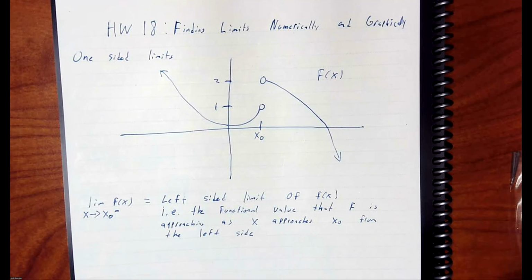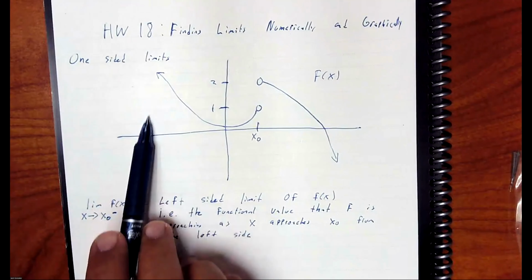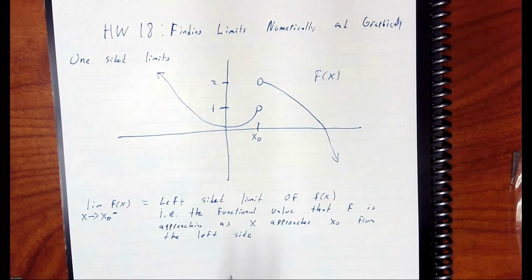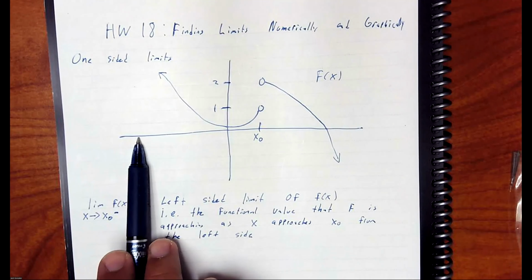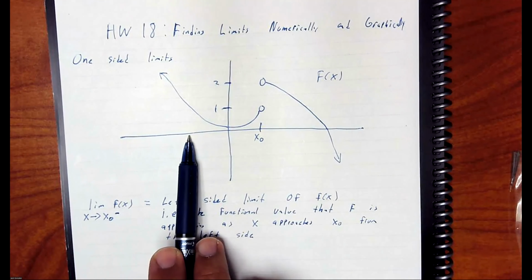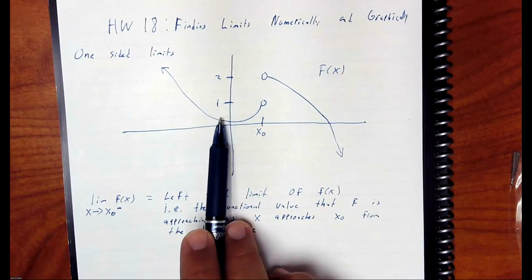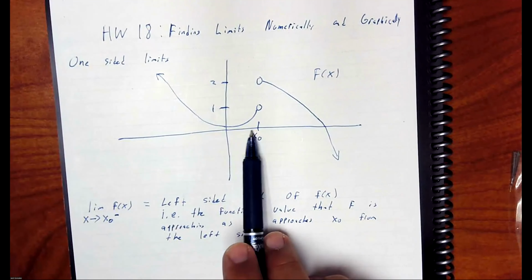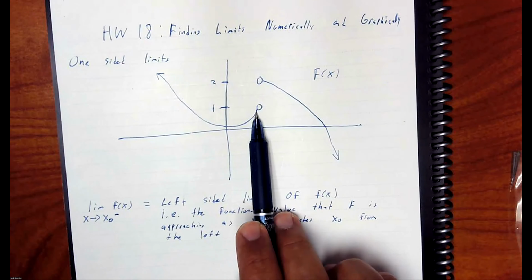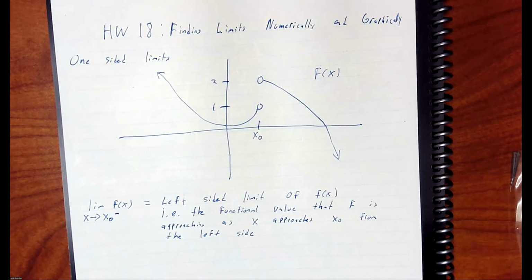So basically imagine I'm coming from negative infinity and just going all the way over here, getting closer and closer to x0. But the y values are changing depending on your x's, right? So as I get really close to this one, the y's go closer and closer to 1. So there's a hole there. So I don't actually get there, but I approach 1. Does that make sense? That's basically what a limit is.